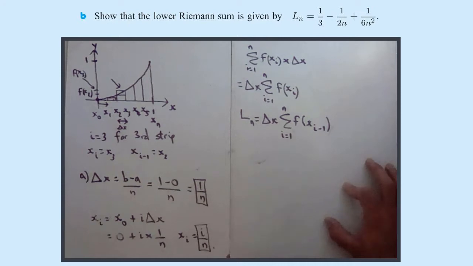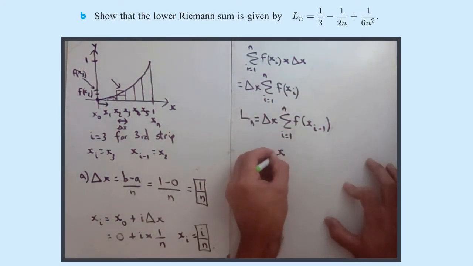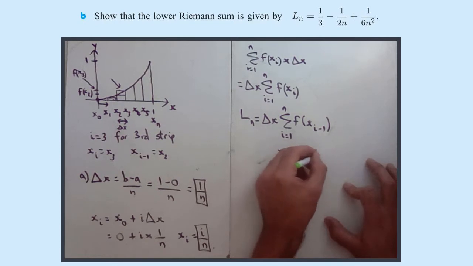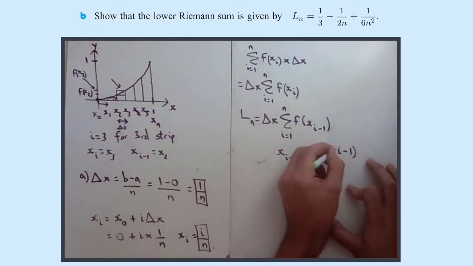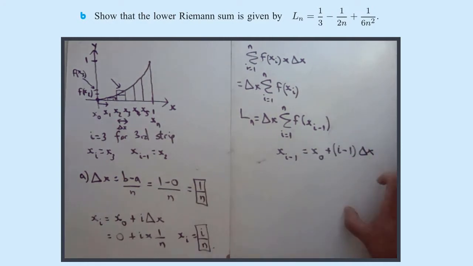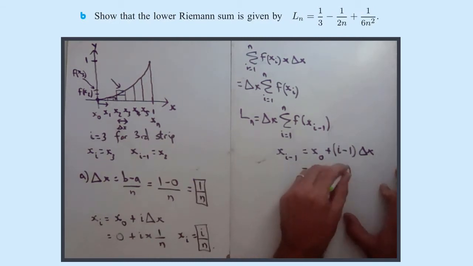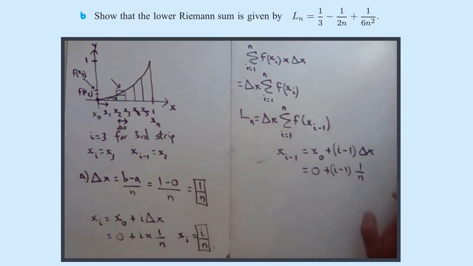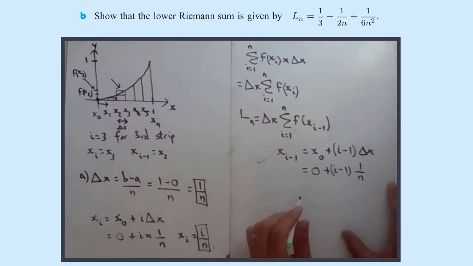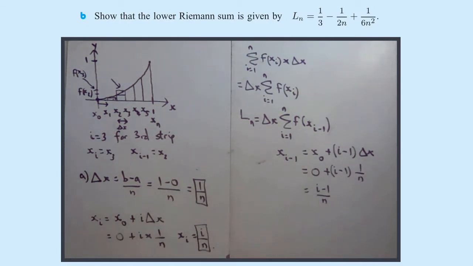So xi minus 1 equals x0 plus i minus 1 delta x. So that's a general result. Now we can make it specific to our actual problem. In our case, x0 was 0 plus i minus 1 times delta x, which we said was 1 over n. So 0 disappears, it becomes i minus 1 over n. So that is our xi minus 1.